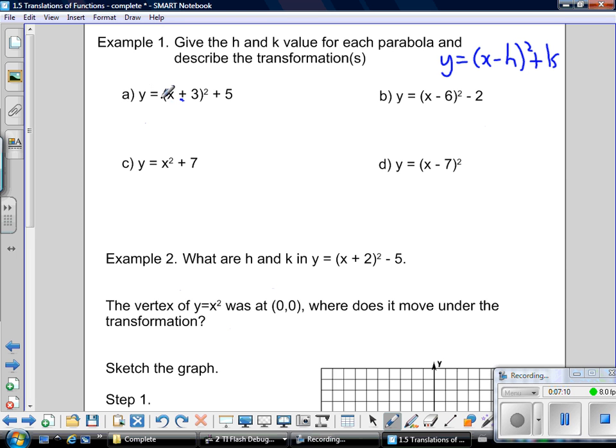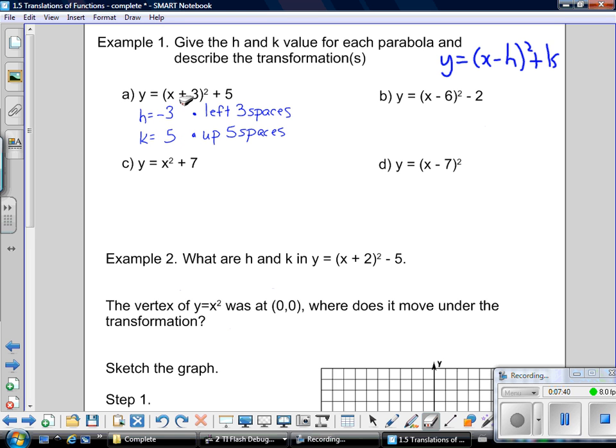When I look here, this is a positive, so that means a negative number had to go in. So I know that h is negative 3, which means I went left 3 spaces. And I can see that my k is a positive 5, and that just means it moves up 5 spaces.